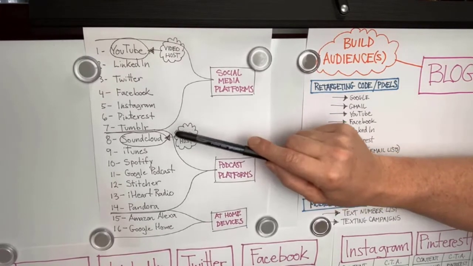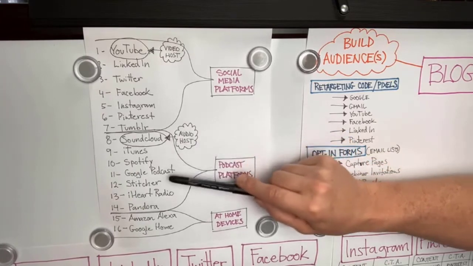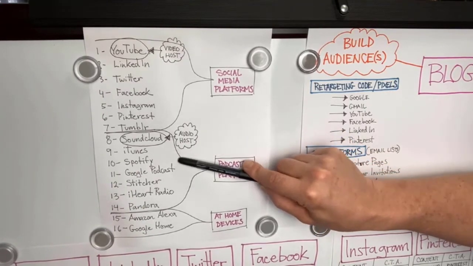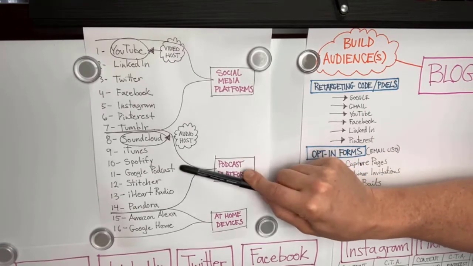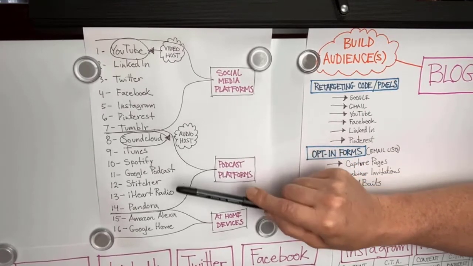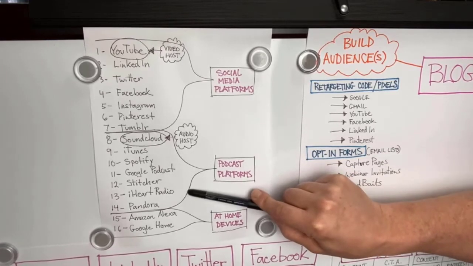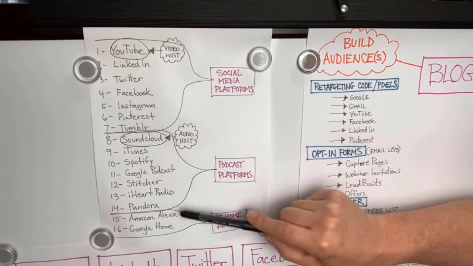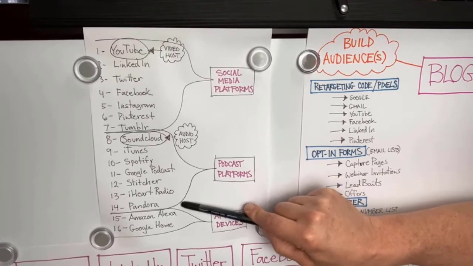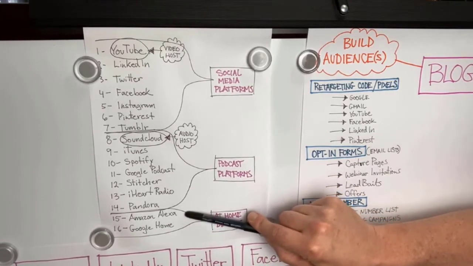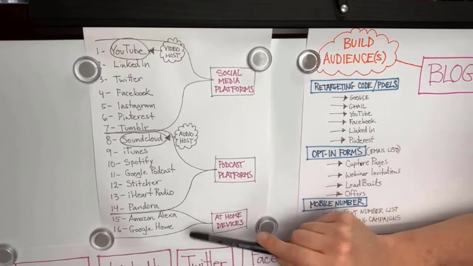Number 8, SoundCloud. Number 9, iTunes. Number 10, Spotify. Number 11, Google Podcast. Number 12, Stitcher. Number 13, iHeartRadio. Number 14, Pandora. Number 15, Amazon Alexa. And number 16, Google Home.